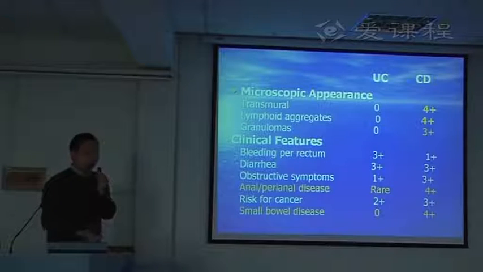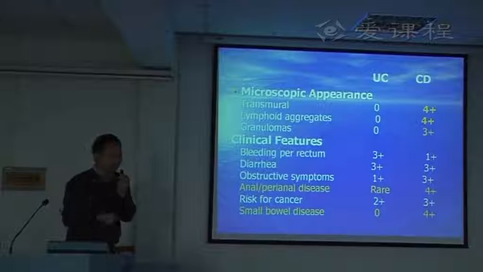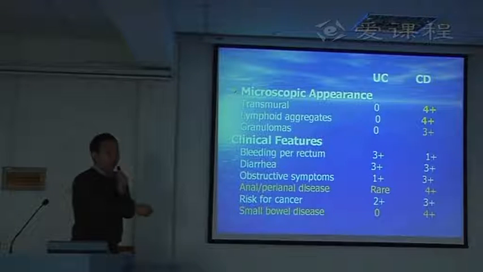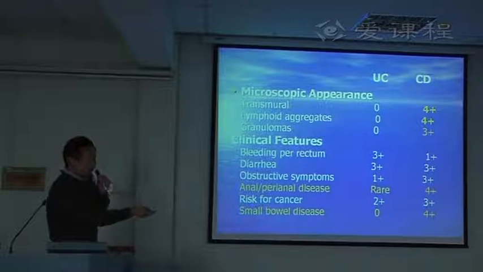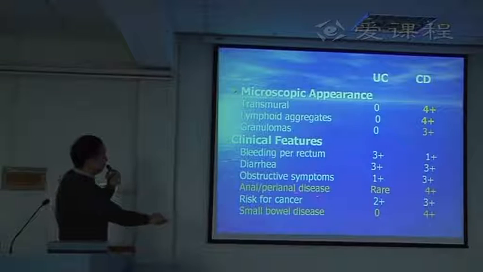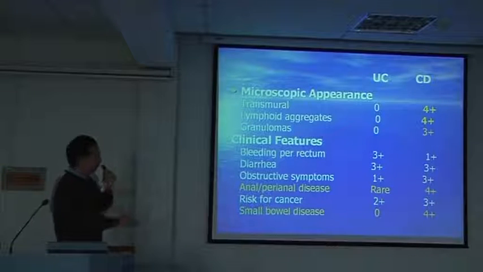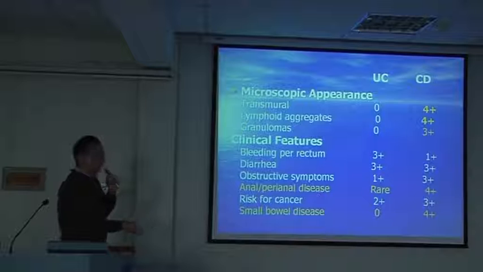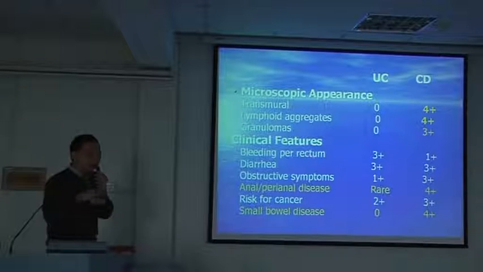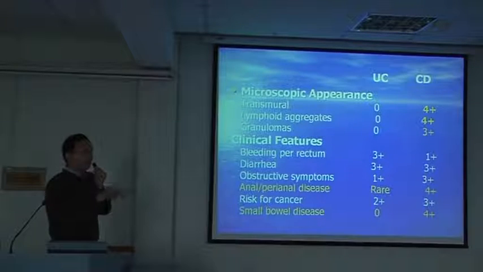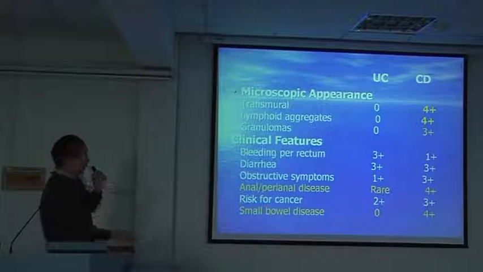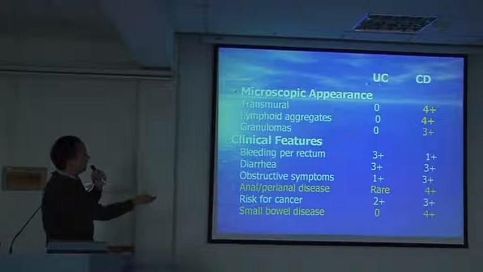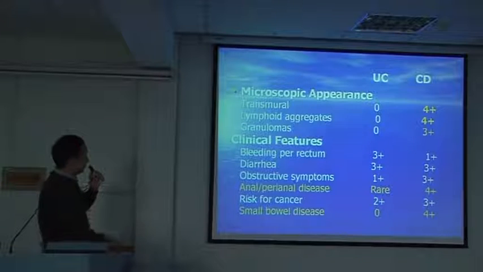And the clinical features. Before we do any examinations, only from the clinical manifestations, there are also some hints to distinguish these two diseases. One is perianal disease, anal fistula. If any fistula is present, it should be Crohn's disease. It's rare in ulcerative colitis.